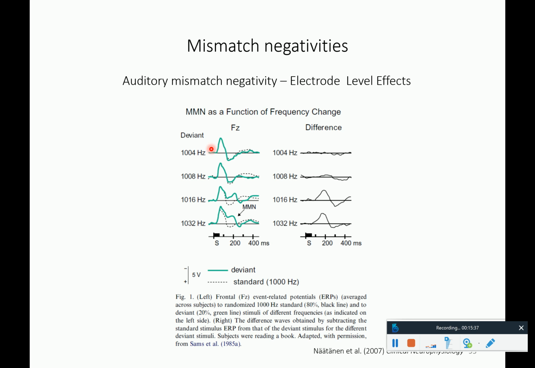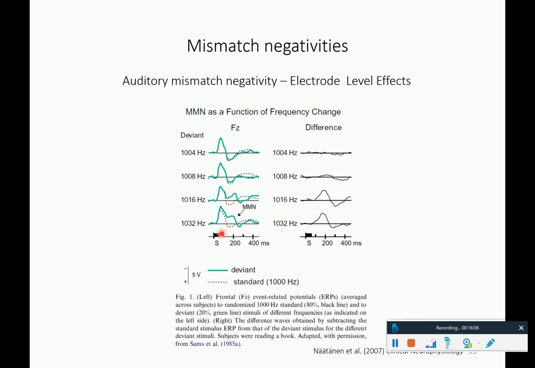Interspersed are 20% of these deviant tones, and these deviant tones, in terms of their physical deviation, increase from 1004 Hertz to 1032 Hertz. And compared to the 1000 Hertz tone standard, for relatively strong deviance, there is a mismatch negativity observed.